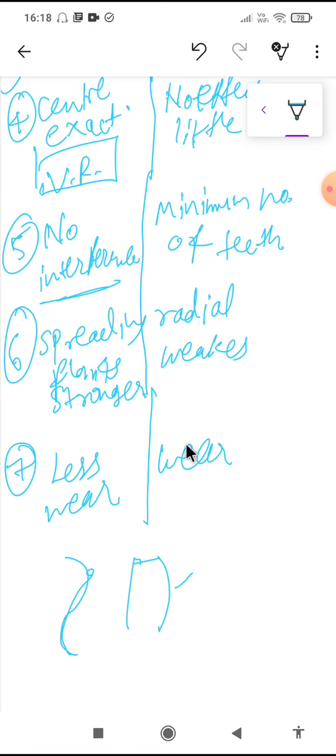So these are the main seven points for the comparison of cycloidal and involute tooth forms.